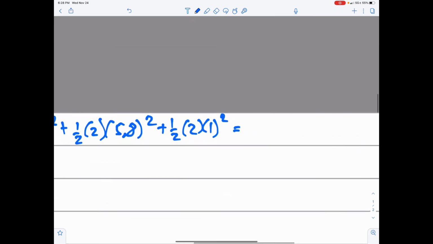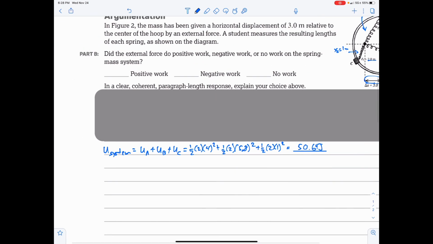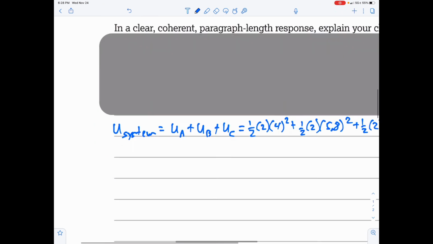Okay, so the new spring potential energy is 50.64 joules. Now, the question was asking about work done on this. Well, think about it this way.